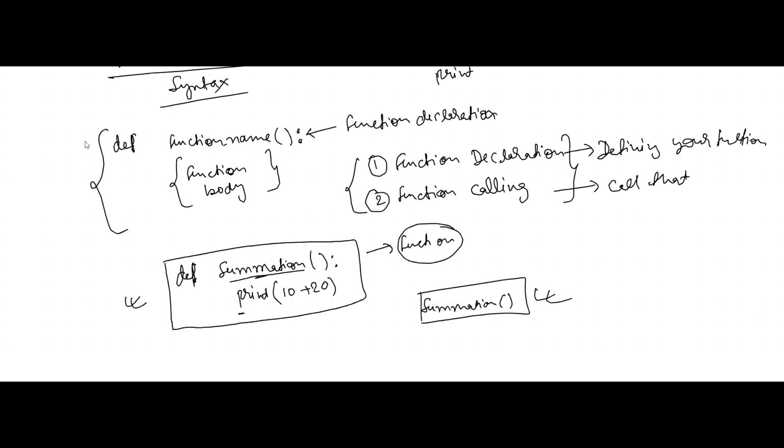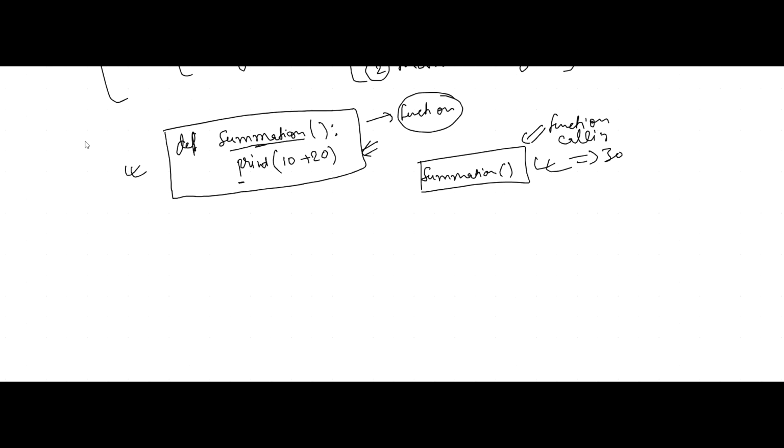This is called function calling. Now you called the function you had built, and it has executed. This is the beauty of function. You create it once, and when you need it, you call it. That's how functions work.